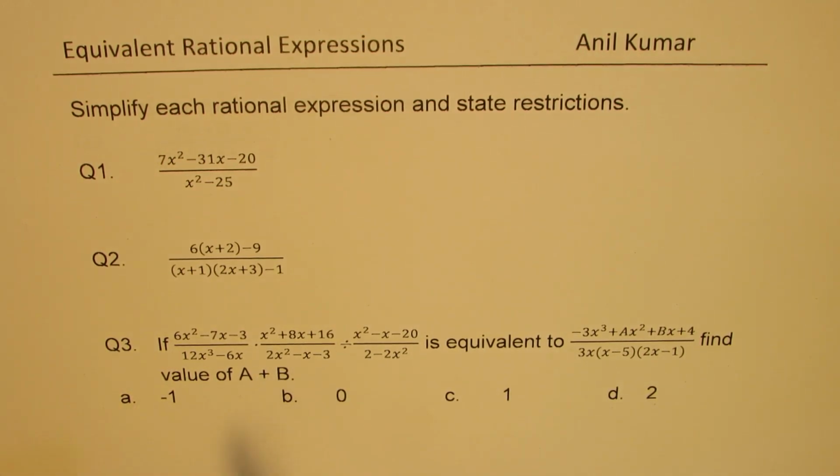So what I've done here is I've given a simplified form also and now changed the question to: if (6x squared minus 7x minus 3) over (12x cubed minus 6x) times (x squared plus 8x plus 16) over (2x squared minus x minus 3), is divided by (x squared minus x minus 20) divided by (20 minus 2x squared), is equivalent to (minus 3x cubed plus ax squared plus bx plus 4) divided by 3x times (x minus 5) times (2x minus 1).